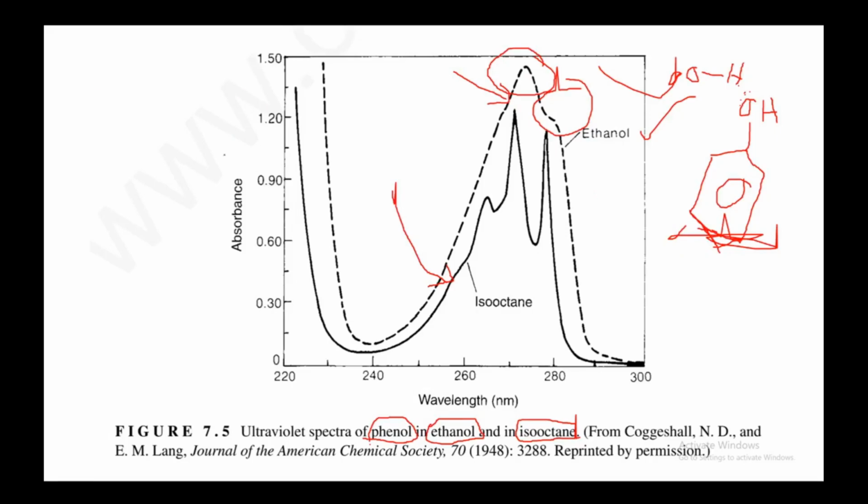Once again, on the y-axis we have the absorbance, and on the x-axis we have the wavelength in nanometer. This is how a UV visible spectrum is plotted, and this spectrum is from 220 to 300 nanometer. That is a huge effect of solvents. So solvents play a crucial role in UV visible spectroscopy.